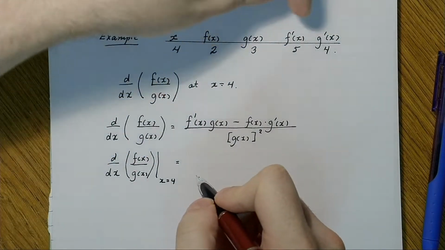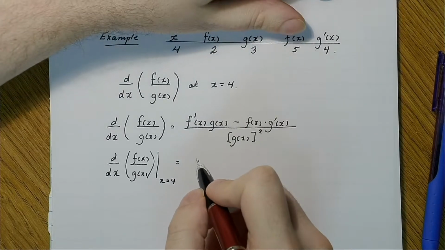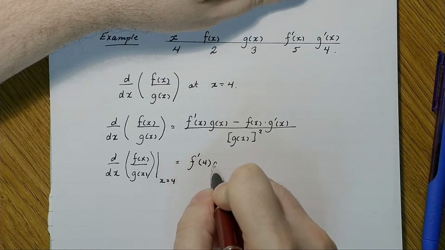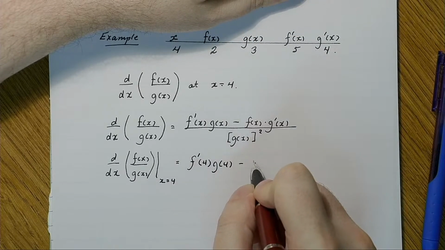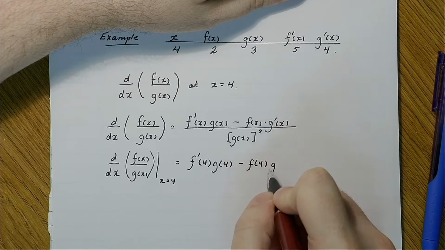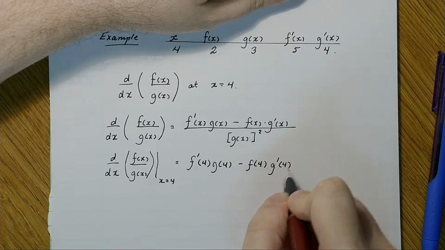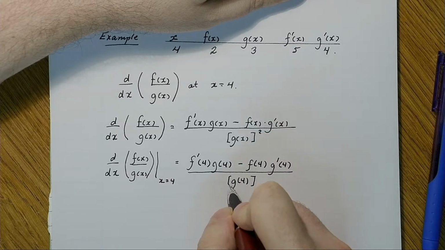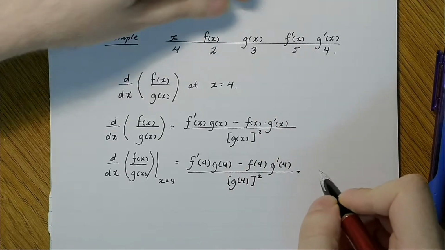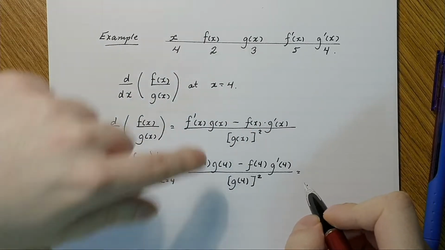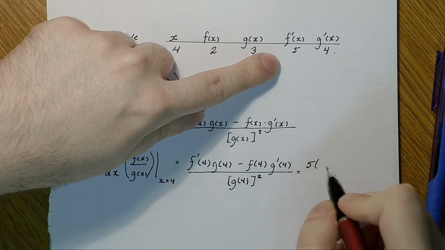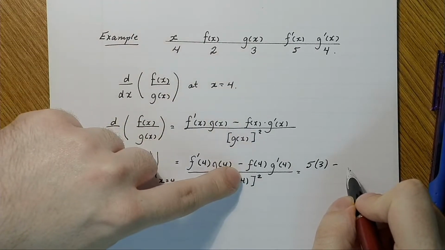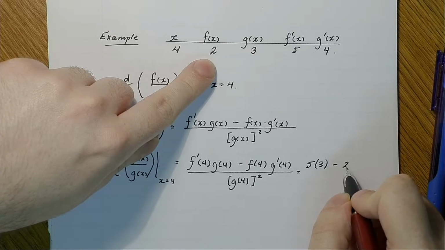So the derivative at 4, you could just think of it as, here's f prime at 4 times g at 4, minus f at 4 times the derivative of g at 4, all over g at 4 squared. And using our values, we just plug them back in. So it's 5 times g, which is 3, minus, and then we have 4 times 2.